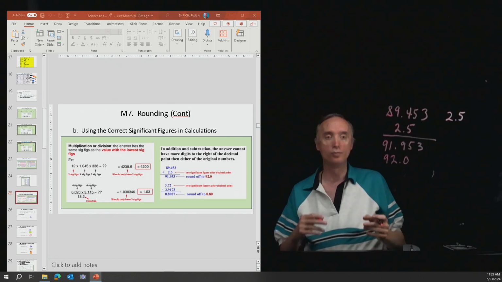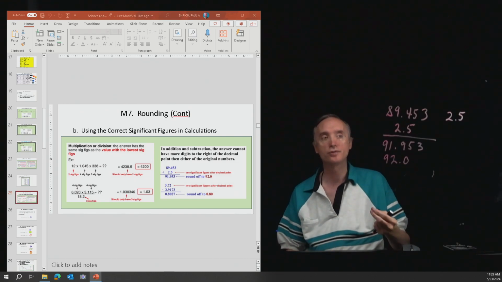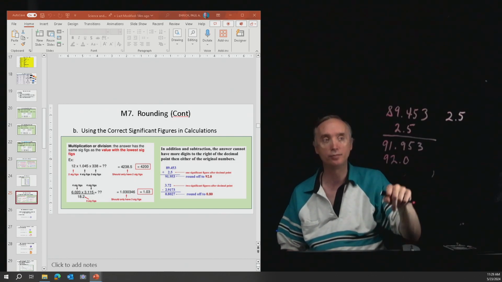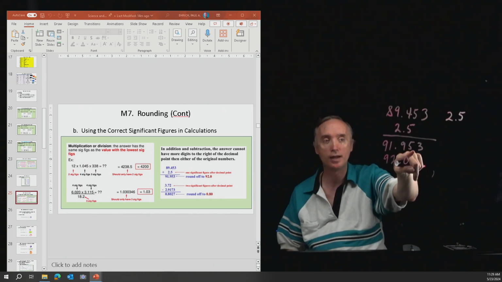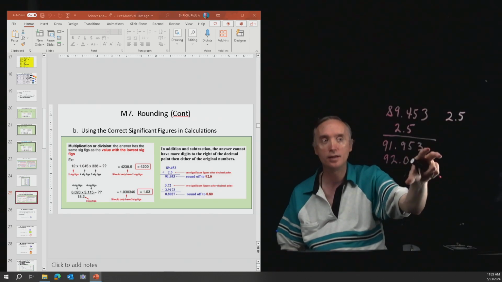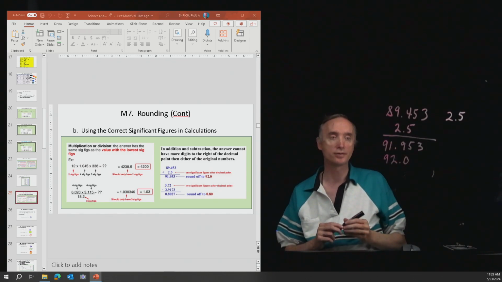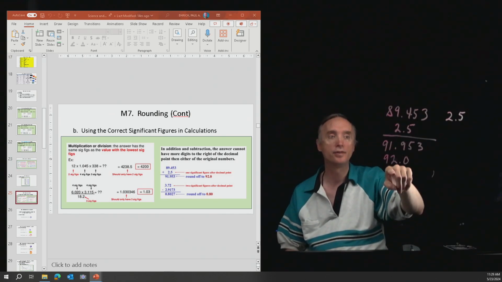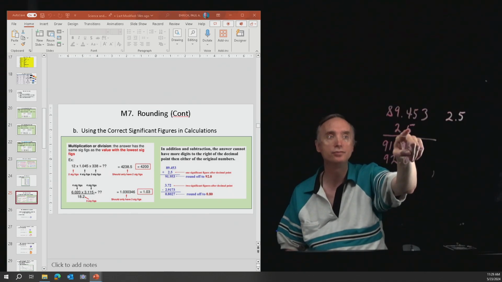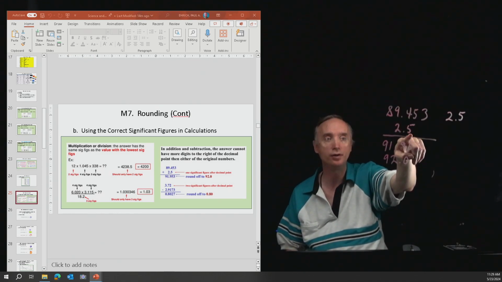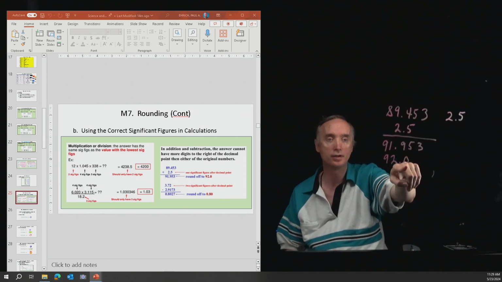But if you have a whole bunch of numbers, what you're supposed to do is half the time round up, and then the other half of the time round down, and then that gives you a better representation of what the correct answer ought to be. So this one was rounded to here at the decimal point, and then we're going to do the same thing here.